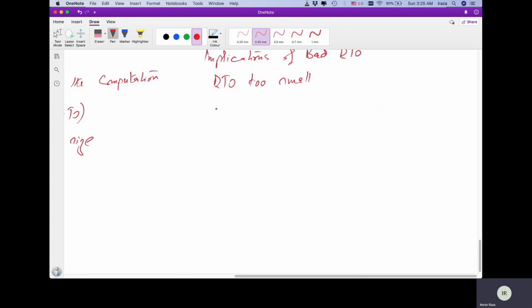Let's assume a scenario where we have a machine A, then we have a router R in between, and then we have a machine B, which is the receiver, and the timeline is increasing downwards.